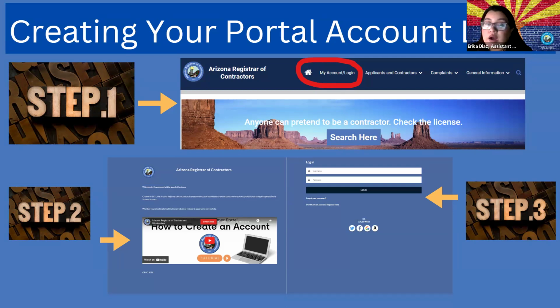You're able to renew, and you're able to make changes, such as address changes, contact information, anything like that, through your online portal without needing to submit any forms to us. This is why we highly recommend creating that portal. You are able to maintain your license in all ways, shapes, and forms through that one portal.